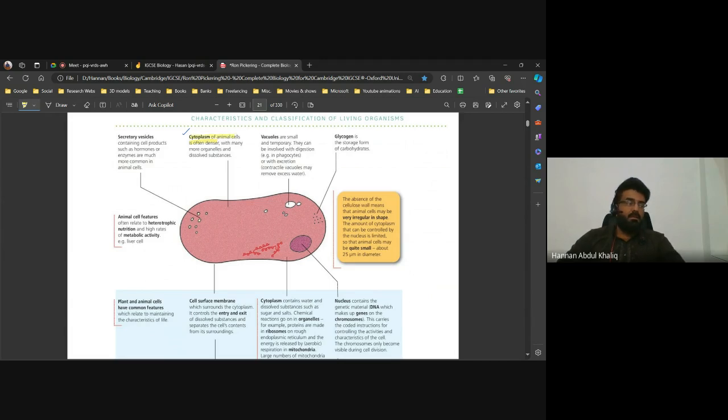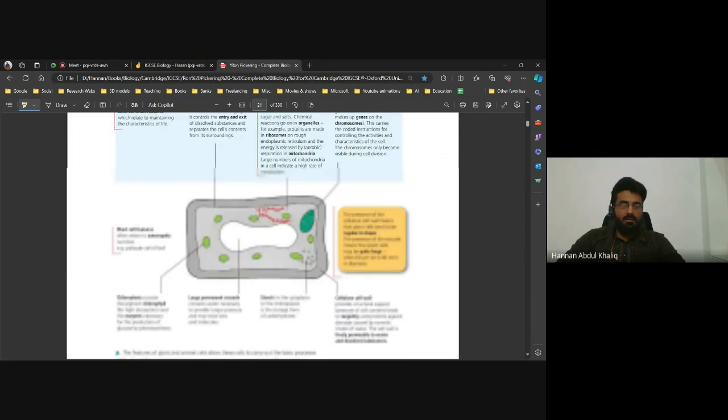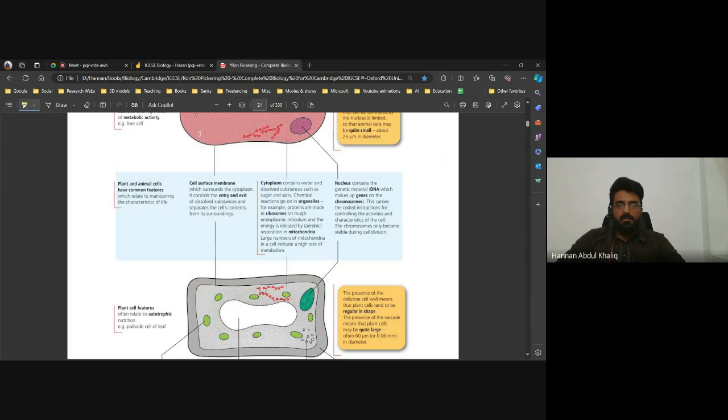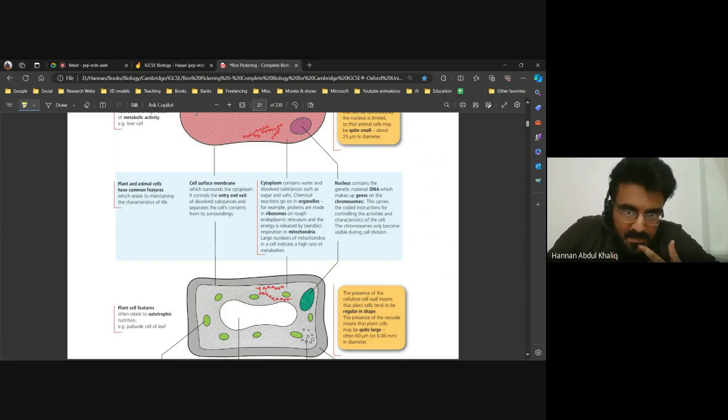They are mentioning the cytoplasm, although cytoplasm is very common between the animal and plant cells, but why they are mentioning it separately is because you can see that it is often denser, and if we see the cytoplasm of the plant cells, it maybe is less dense. It may have less viscosity, but there is no doubt that the function is always the same.